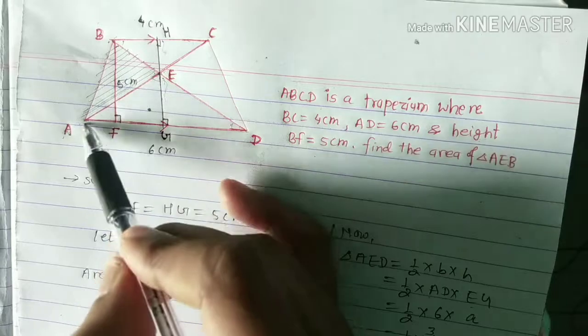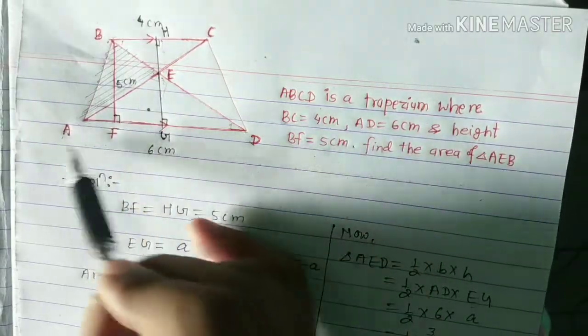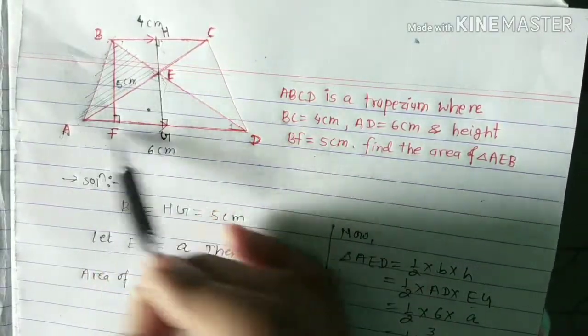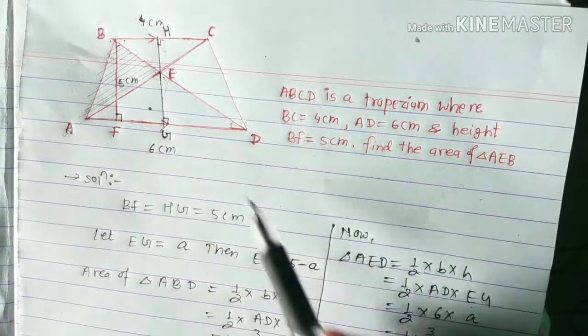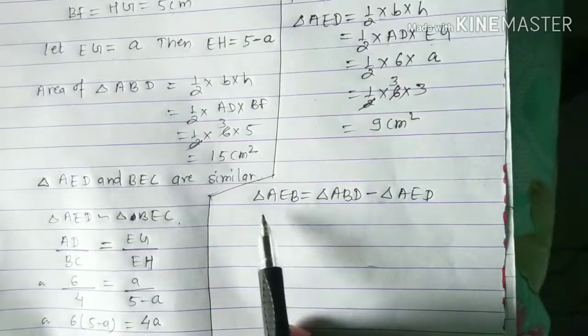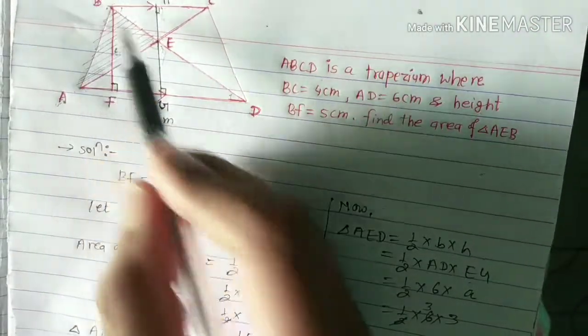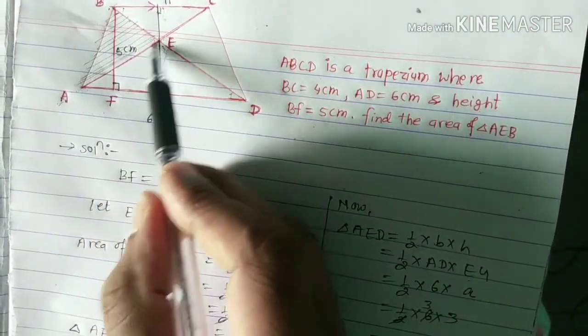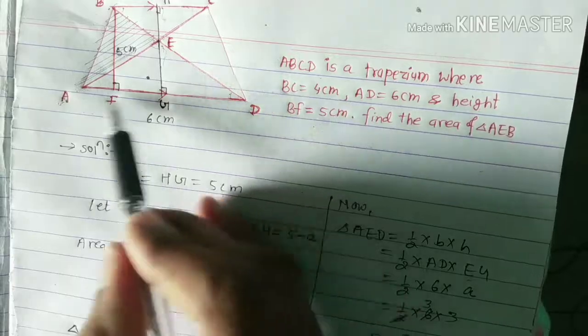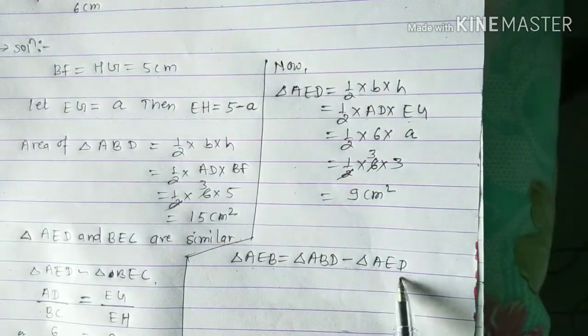This whole triangle is ABD, and this triangle is AED. So I have written here triangle AEB is equal to triangle ABD minus triangle AED.